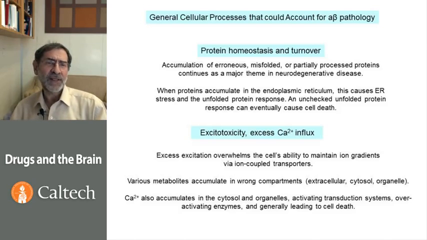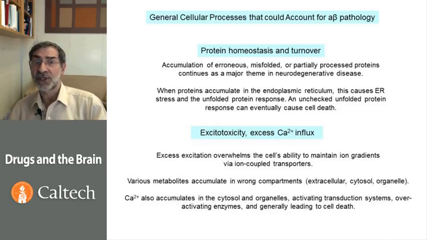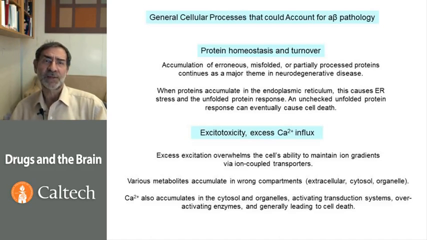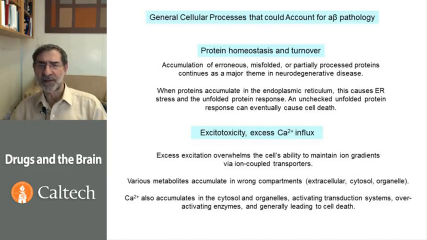And in this topic, we know that accumulation of erroneous, misfolded, or partially processed proteins continues as a major theme in neurodegenerative disease. So the accumulation of partially processed proteins in a neuron may be toxic.